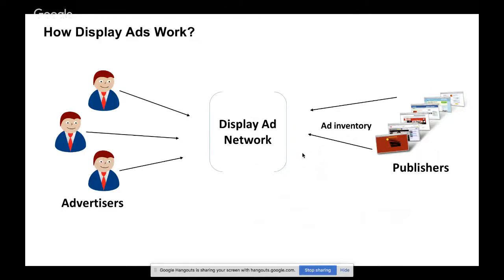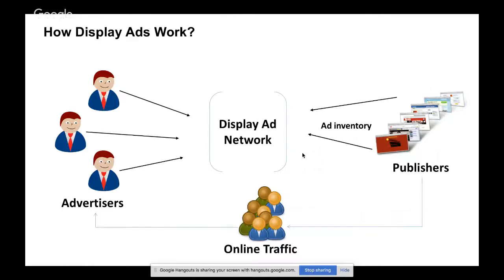The ad network aggregates the supply of advertising space from a variety of publishers and matches it with the advertiser's demand. In addition to buying and selling ad space, the ad network also develops algorithms to help their clients optimize the placement of ads on various websites.